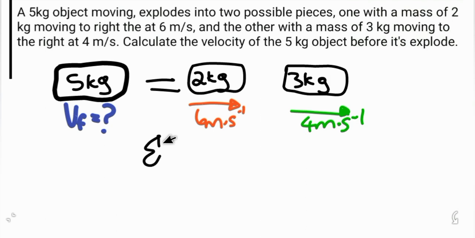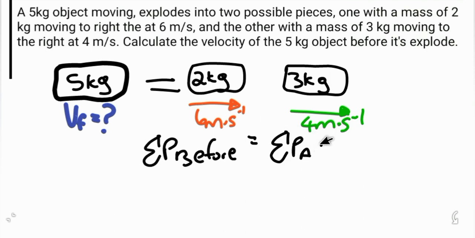So the sum of momentum before the explosion will be equal to the sum of momentum after. So the mass of the 5 kg object times its initial velocity is equal to the mass of the 2 kg object.